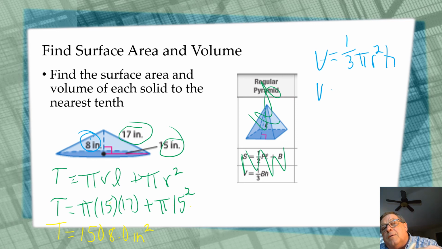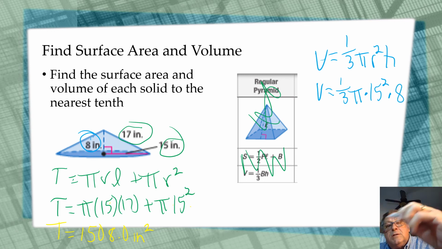So we got the volume equals 1/3 pi times the radius squared, that's going to be times 15 squared, times the height, which is 8. So let's put that in the calculator. And here's how I'm going to do that. I'm going to take pi times, well, 15 squared is 225, times 8.